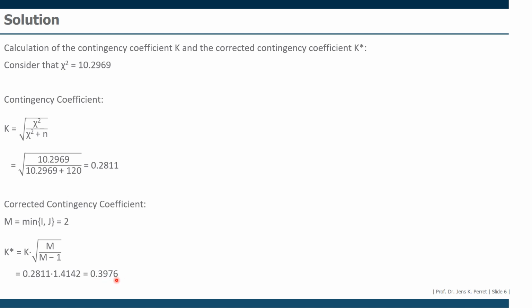It's a medium relation. We cannot say anything about the direction because, well, it's nominal data. Nominal data does not have any kind of orientation, so we're stuck only with information about the strength of the relation. And well, that's then everything there is to this exercise, which I hope you enjoyed. I say goodbye and see you next time.